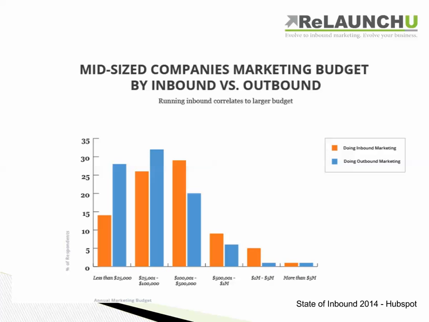And if you look at this, mid-sized companies, how they budget inbound versus outbound, companies that had less than $25,000, they tended more or less to do the outbound type of marketing. Some did inbound. Now, if you think about this, these are pretty small businesses that have that type of budget, and they may be local businesses, which makes a lot of sense.